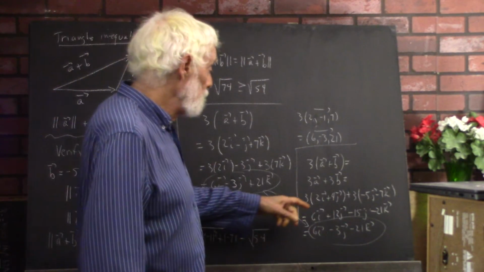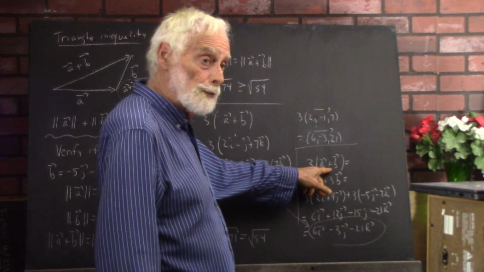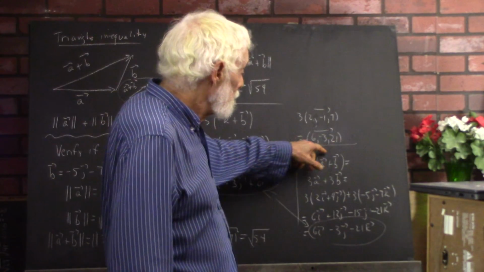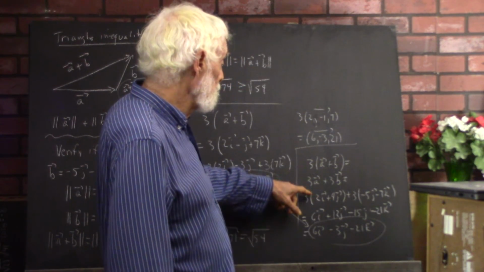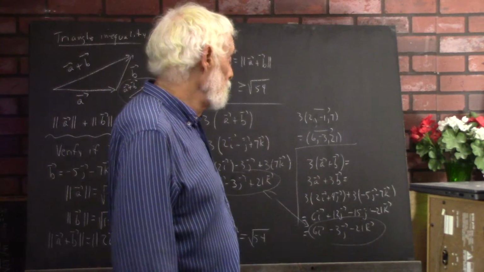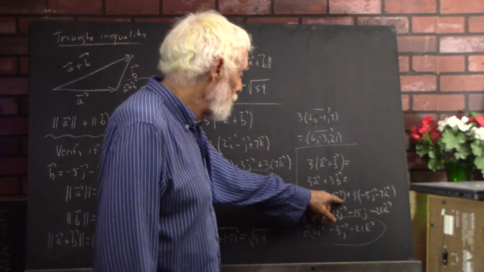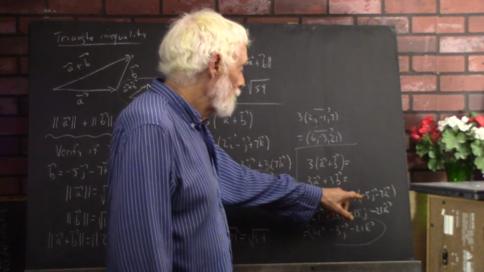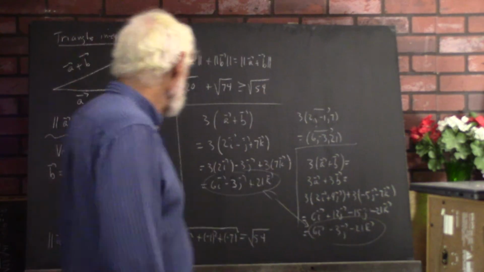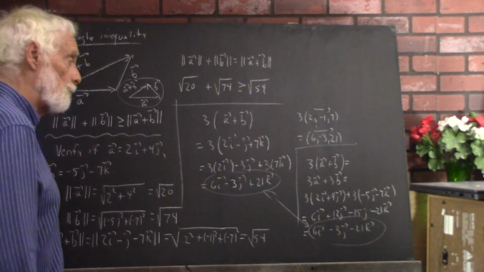Now, we could also do 3 times a plus b by distributing the multiplication by 3, we get 3a plus 3b. Well, here's a multiplied by 3. Here's 3 times the b vector, our original a and b vectors from over here.